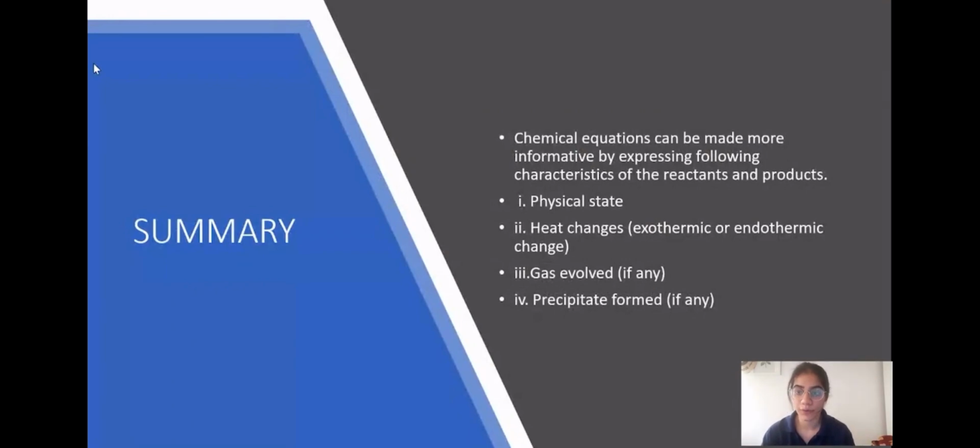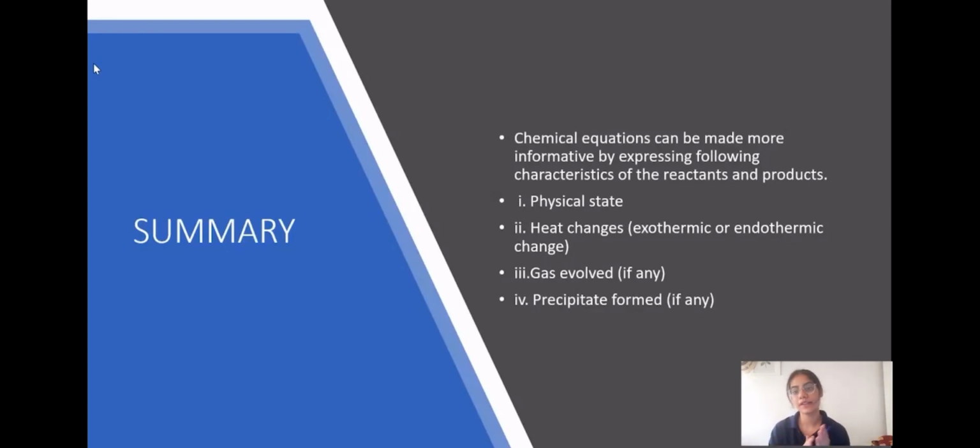Let us now discuss what we studied. We know that chemical equations can be made more informative by expressing some characteristics. So we can express the physical state, that is either it's in liquid, solid, gaseous form, or aqueous form, by writing small case letters for solid (s), liquid (l), gaseous (g), aqueous (aq) inside brackets.